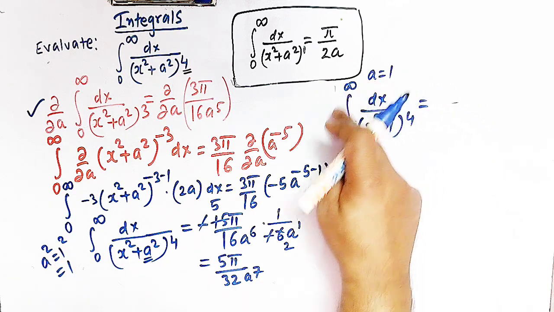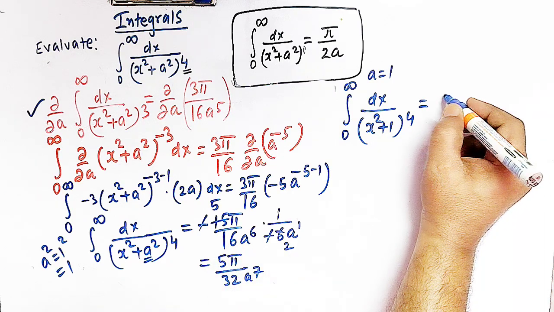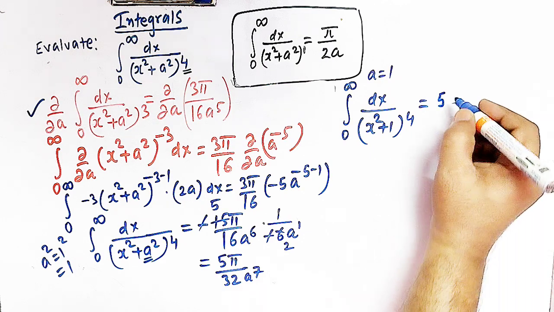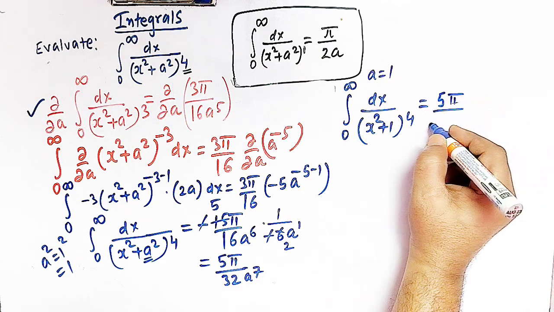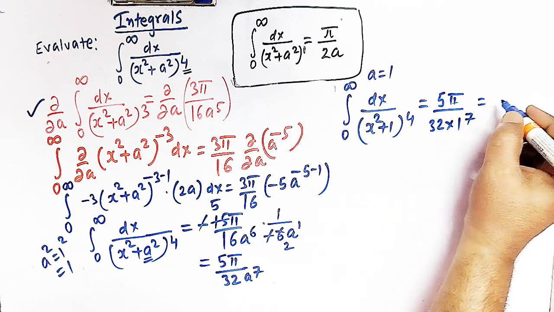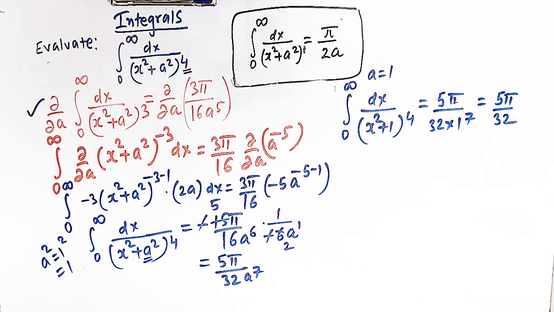So the value of this integral can directly be obtained by substituting a is equal to 1 over here. So we have 5 pi over 32 times 1 raised to 7. So this is 5 pi over 32. So similarly, we can derive other results also by assigning different valid values to a.